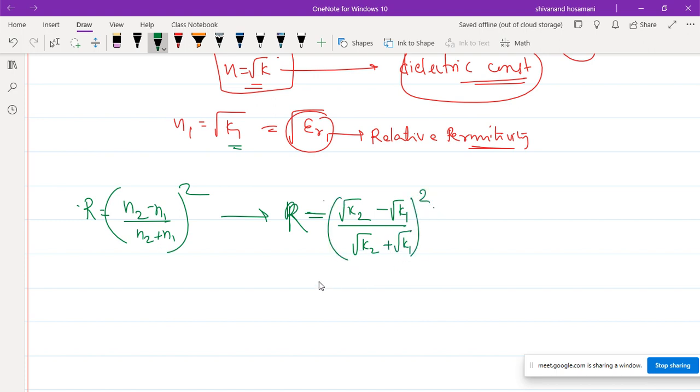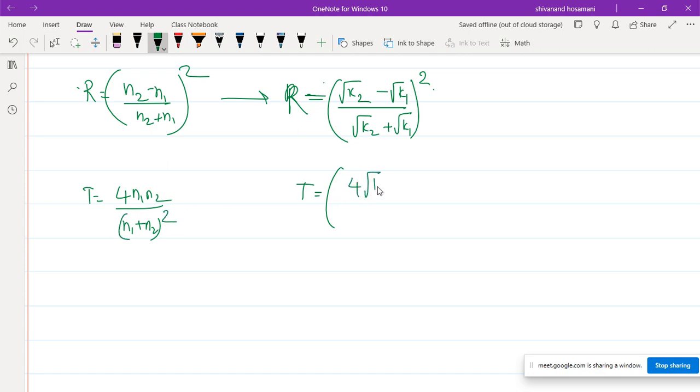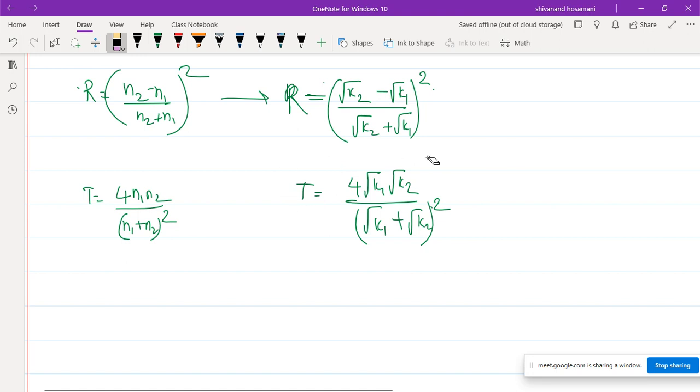Similarly, the transmission coefficient t can be written as 4 n1 n2 divided by n1 plus n2 whole square, which becomes 4 root over k1 into root over k2 divided by root over k1 plus root over k2, whole square in the denominator. And therefore R and T can be represented like this.